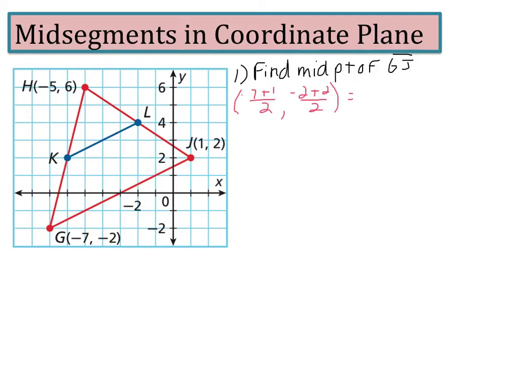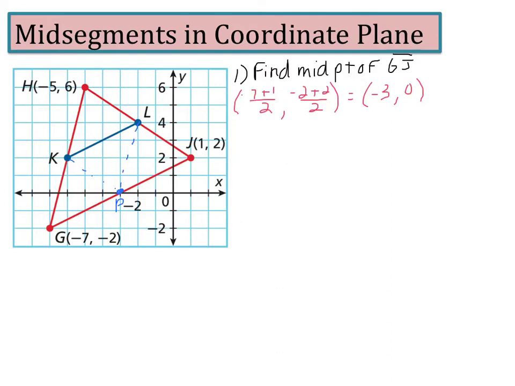When I do that, I have -6 over 2, which is just -3, and 0 over 2, which becomes 0. So my last midpoint is right here. And we'll call this P. So now I have my midsegment triangle.